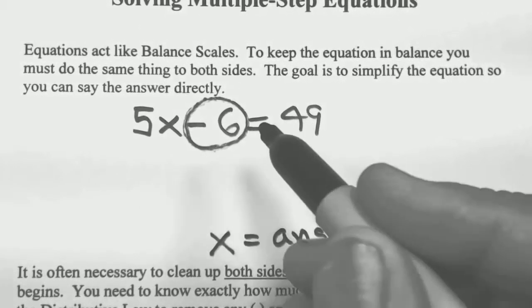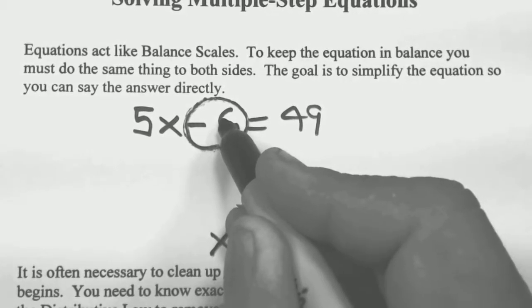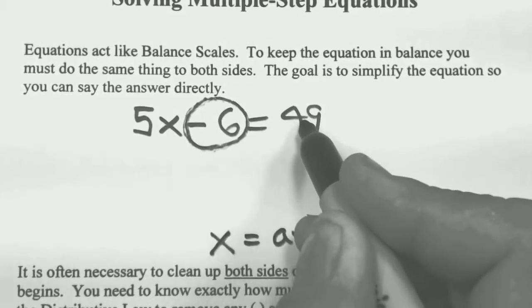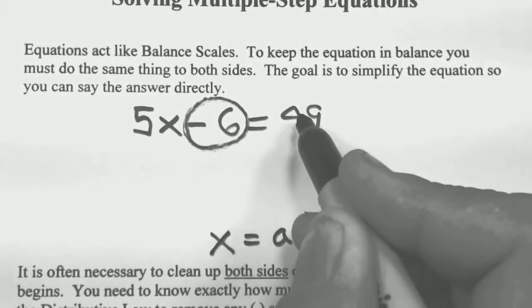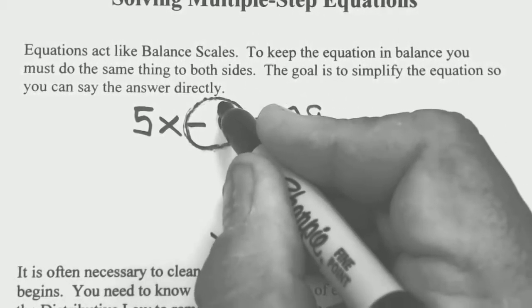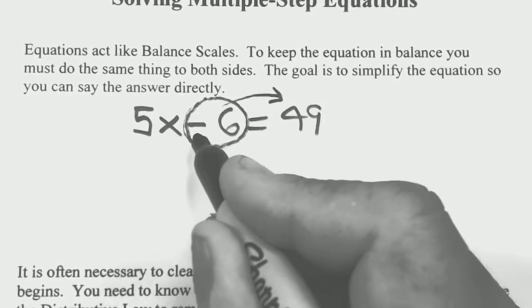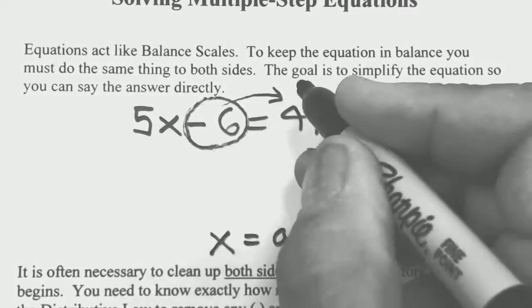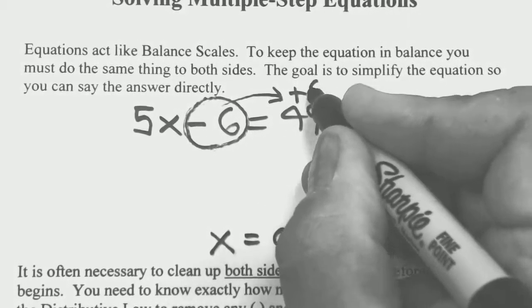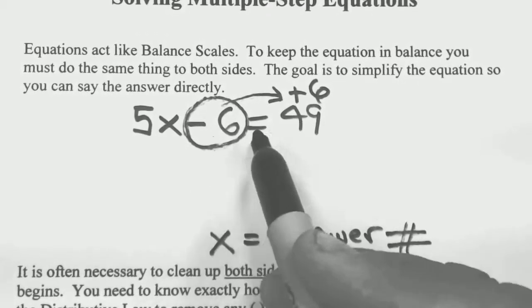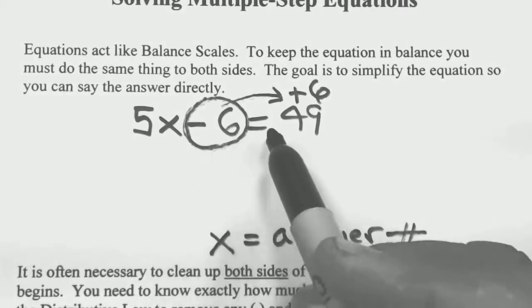Anytime you jump a term from one side to the other of the equal sign, you change its sign. So let's jump this one over to the right side, and that means the -6 becomes +6. That's the same thing as writing down +6 on both sides.